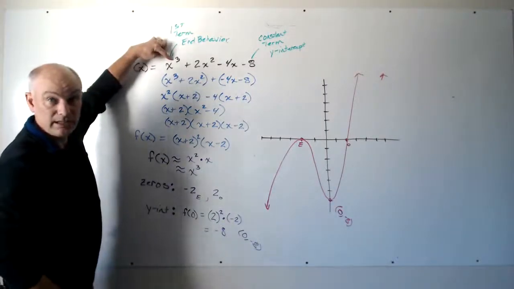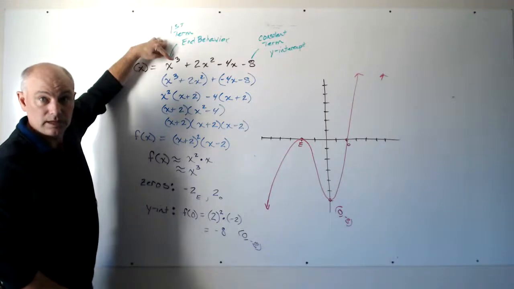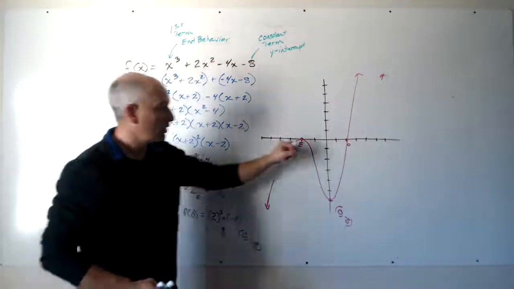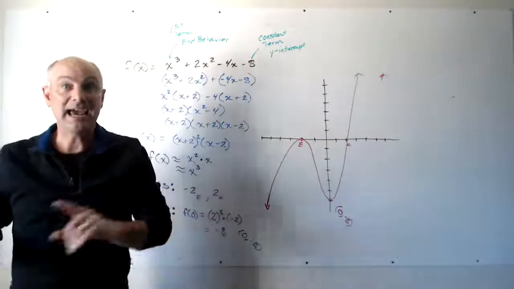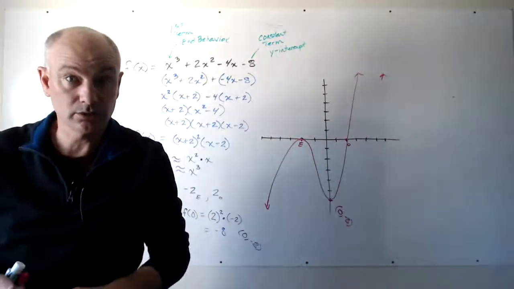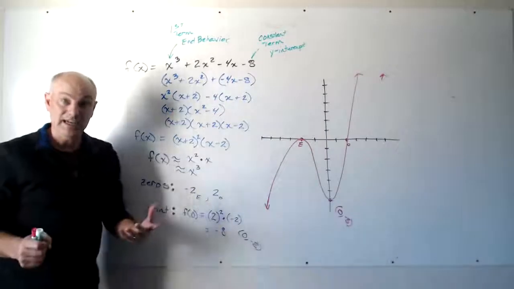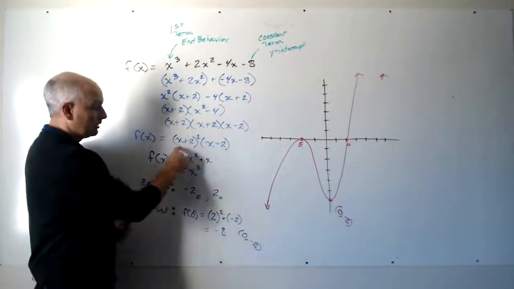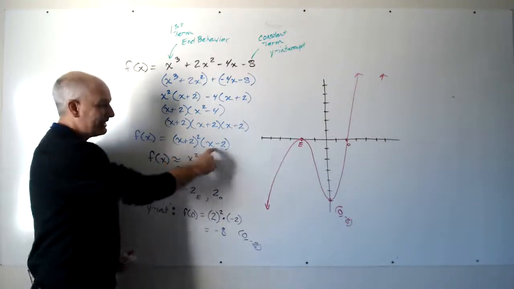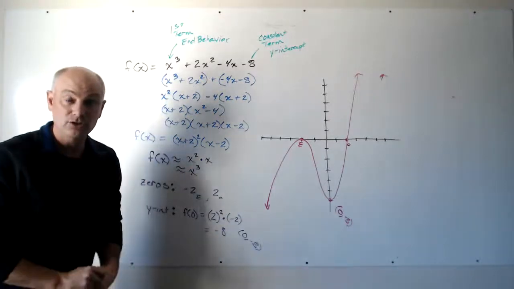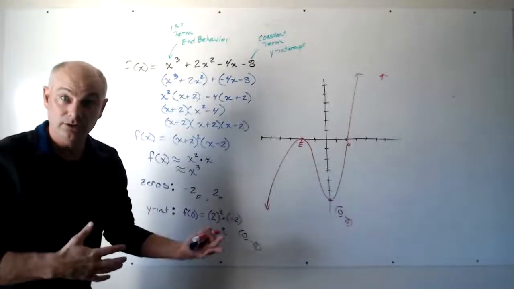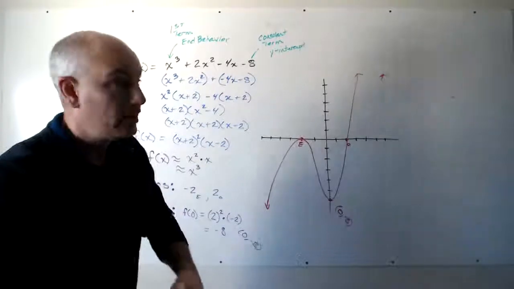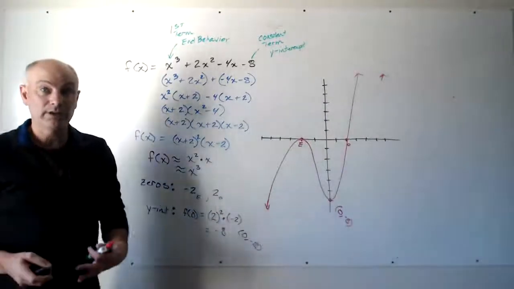If my degree is 3 here, that means I can have at most 3 zeros where I'm crossing the x-axis. At most 3 zeros. Now, reason why we can have less is because of multiplicity. But again, if you consider it, 2 factors that are x plus 2, a single factor of x minus 2, 3 factors.